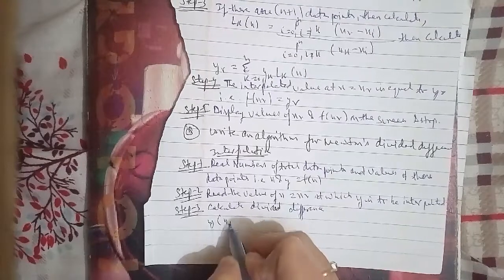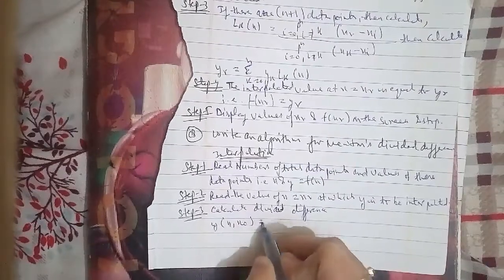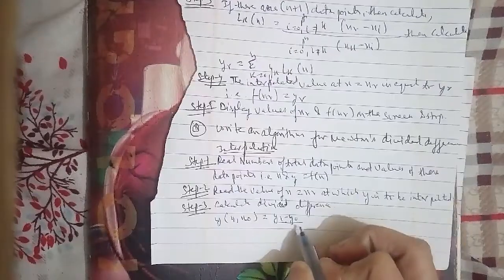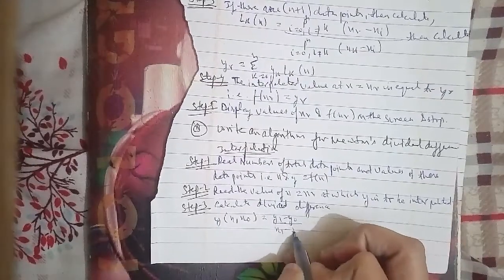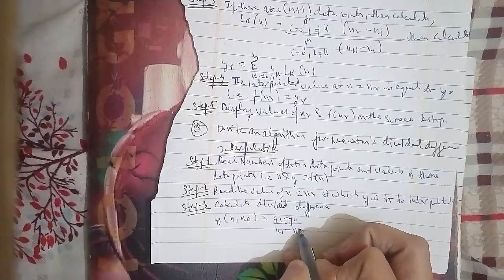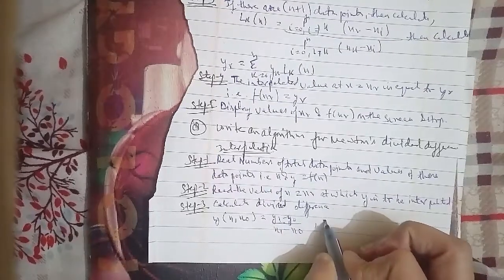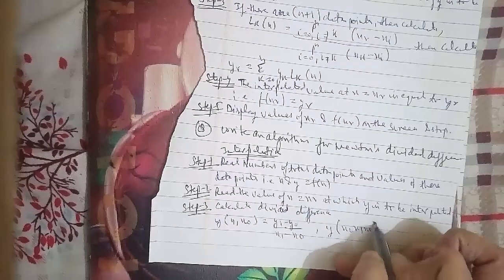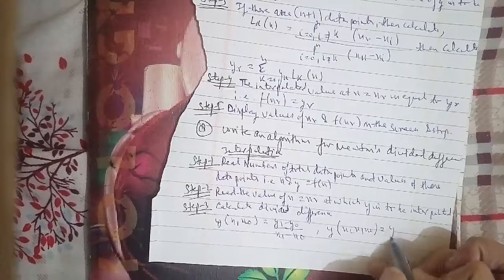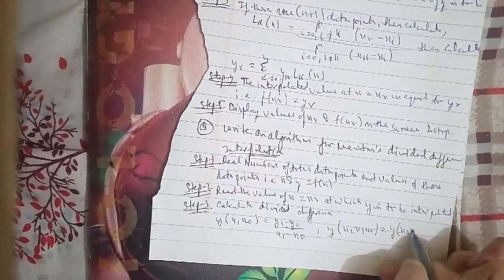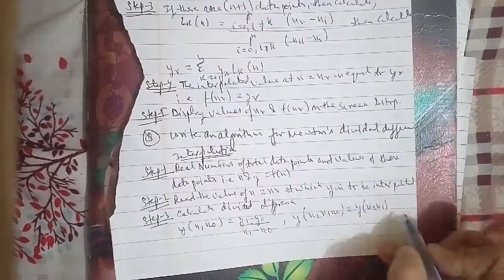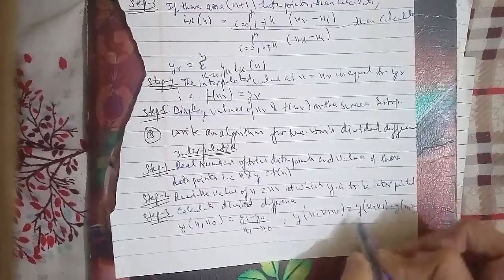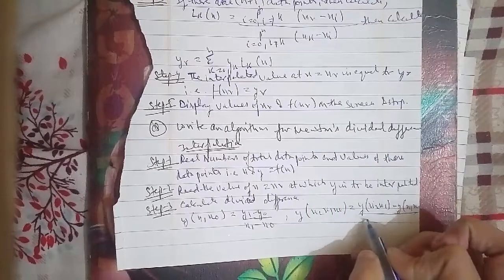Next, y[x3,x2,x1,x0] equals to (y[x3,x2,x1] minus y[x2,x1,x0]) whole upon (x3 minus x0), and so on.